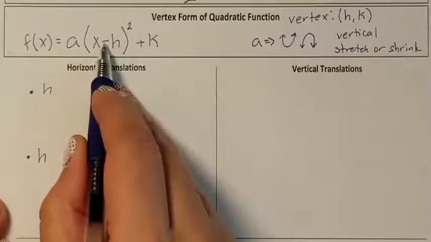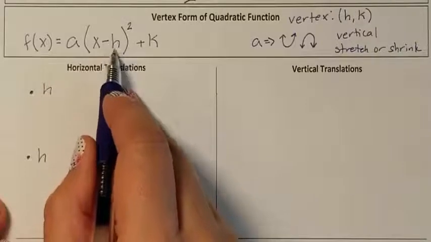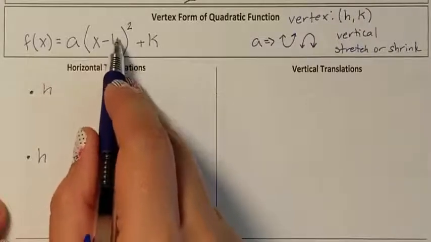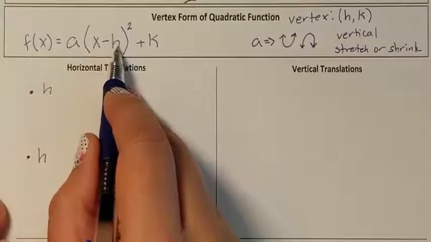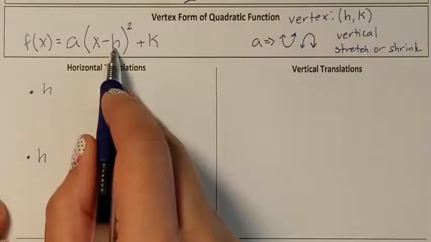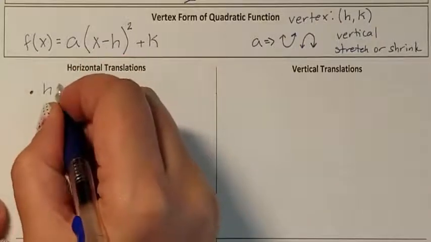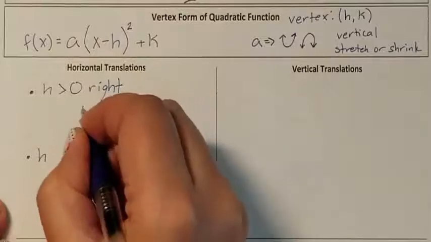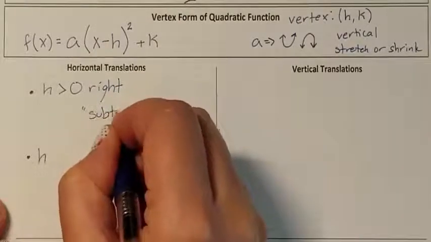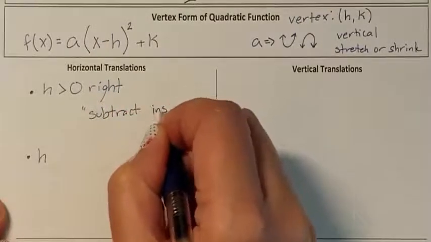If I was subtracting a number bigger than 0, like 2 or 10, we knew that we moved to the right. We're used to seeing that as a subtract inside.